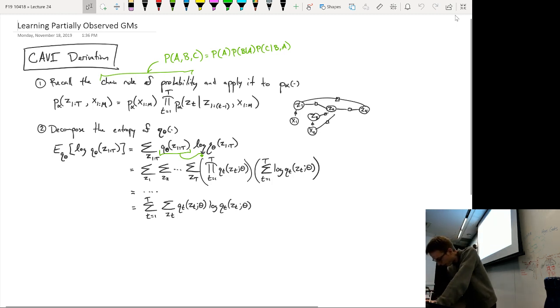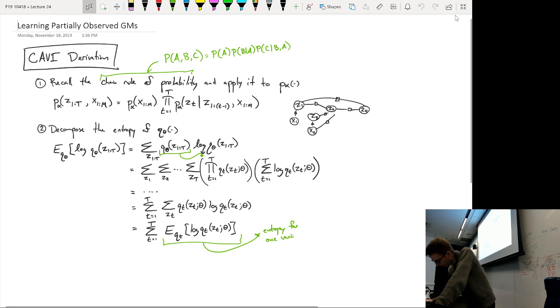And we could rewrite this as an expectation under T different distributions, right? Each one is now under the distribution q_t of log q_t. So essentially what you can think of this as accomplishing is this is now the entropy for one variable. Or really it's the marginal entropy.